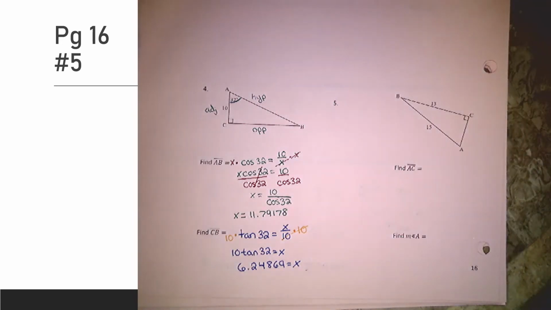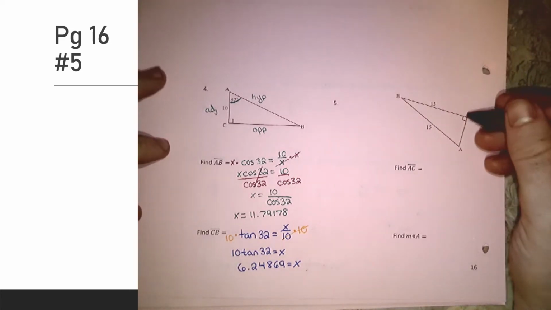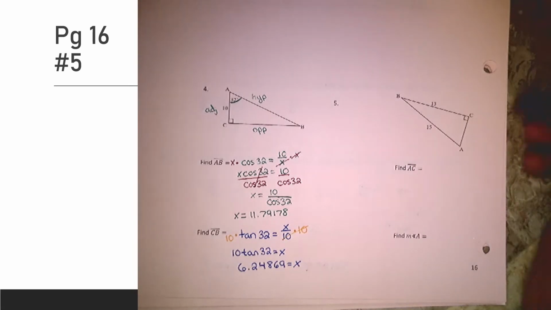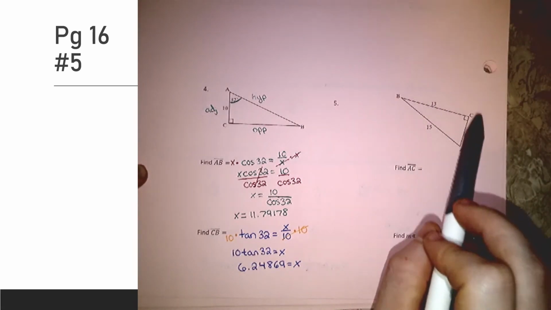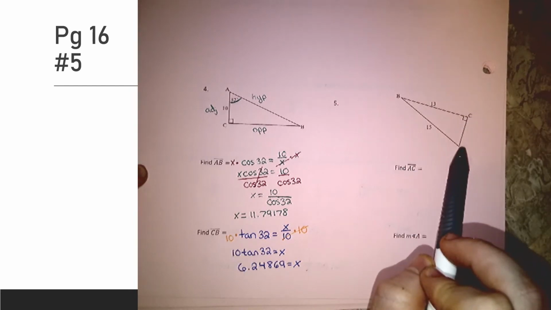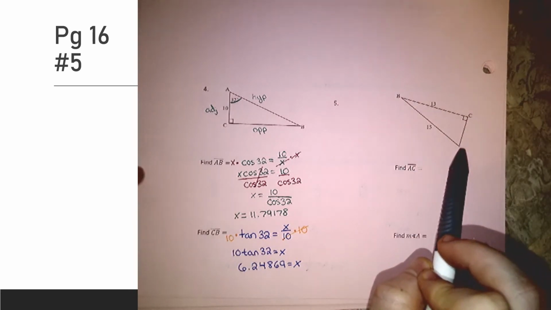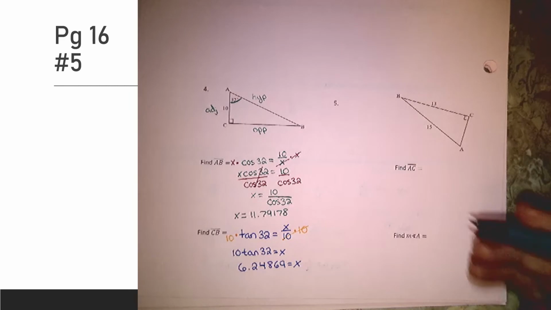Okay, so the last problem that I am going to be doing in this video is number 5 on this same page. So the first thing they want us to find is the line segment AC. So when you already have the value of two sides and you're trying to find the last side in a right triangle, you're going to want to use Pythagorean theorem.